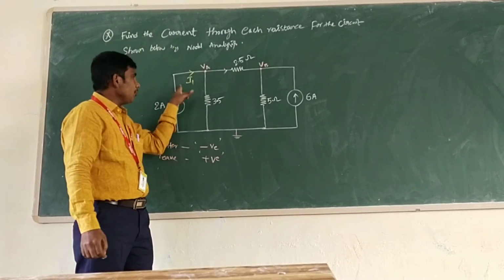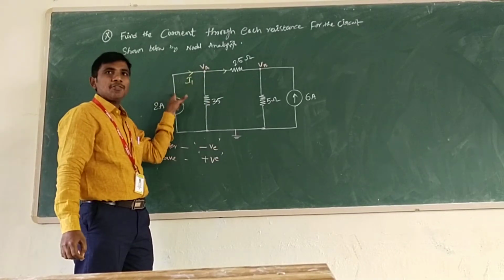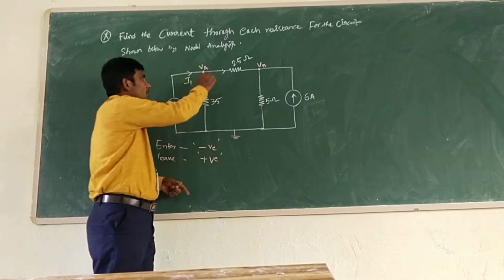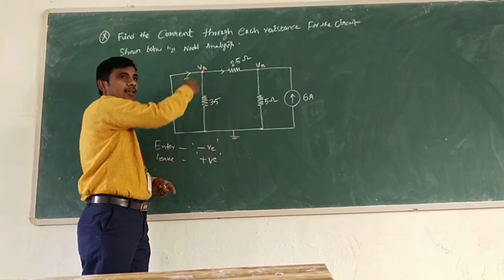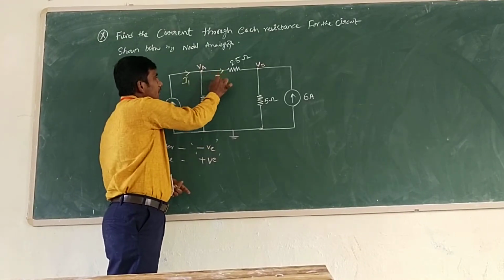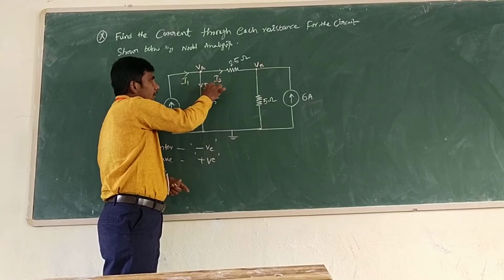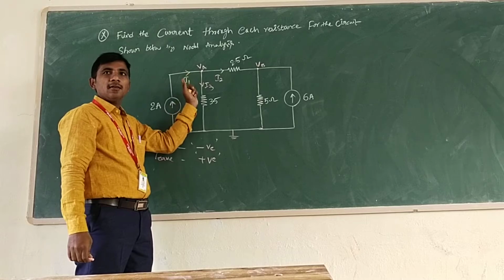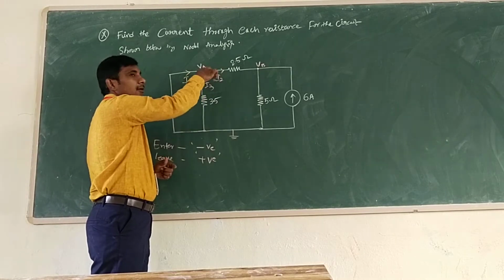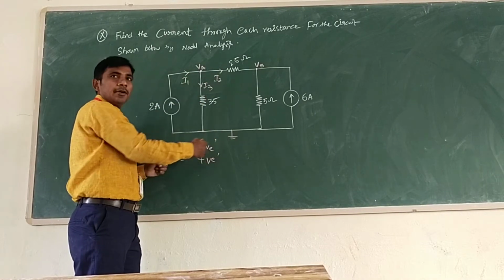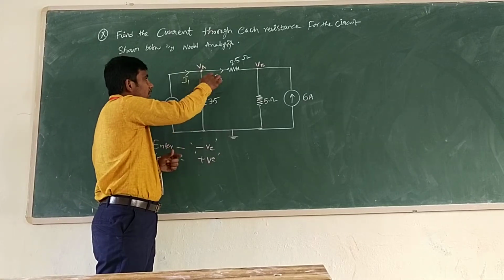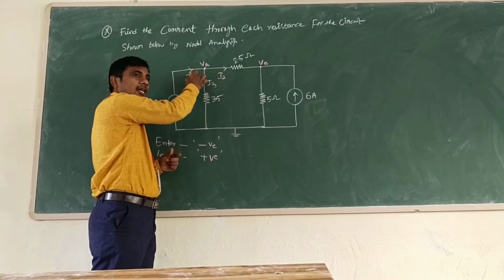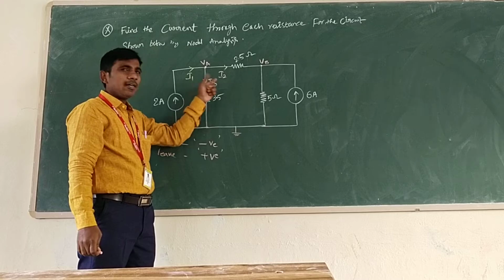Now the 2 amps current is entering in this branch up to VA at this node; the entering current is I1. The remaining currents I2 and I3 are leaving, assuming that. Whatever direction you can consider. If you consider all are entering, then we have to consider all are negative. If you consider 2 currents leaving and 1 current entering, you can consider whatever it is.